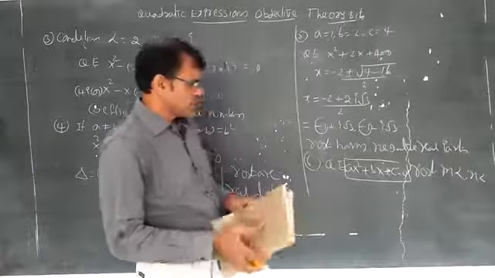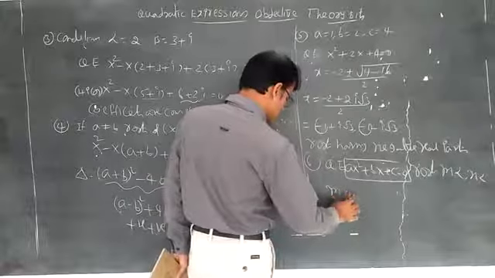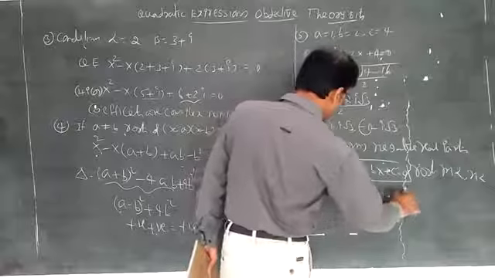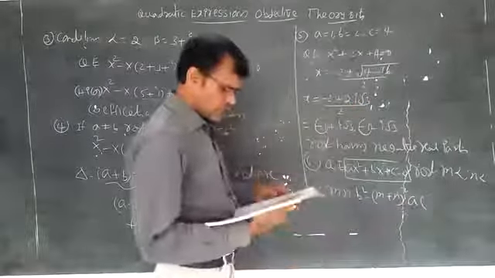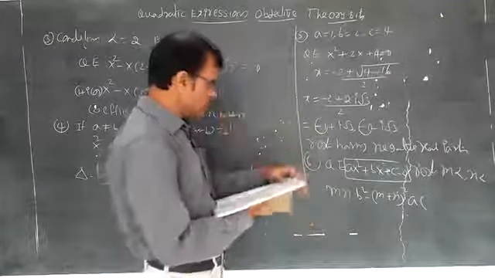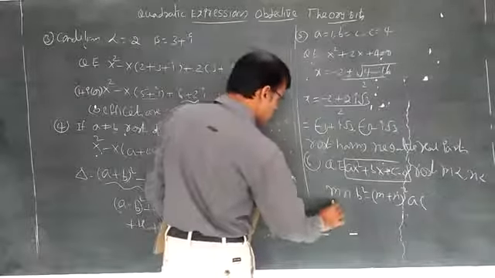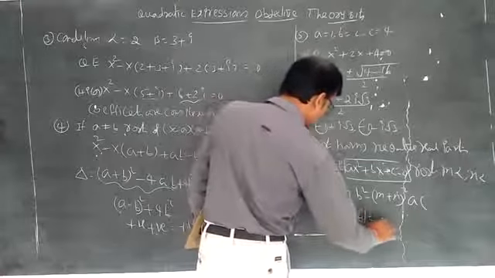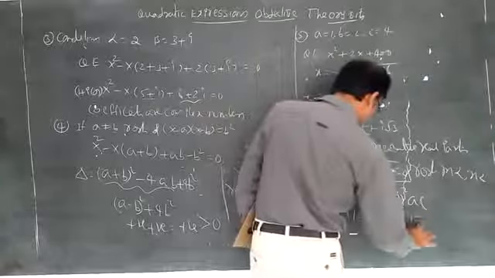We said 2b square equal to 9ac concept; mn b square is equal to (m plus n) whole square into ac. Already we discussed yesterday. Take root on both sides: root mn into mod b is equal to (m plus n) into root of ac.